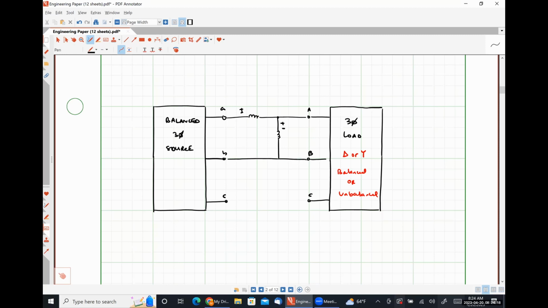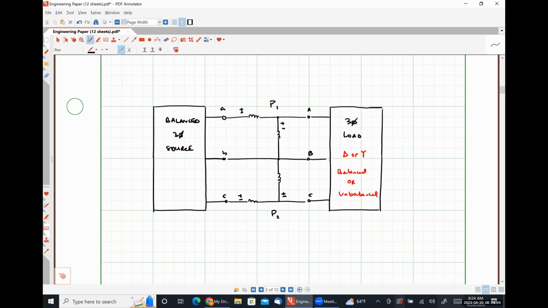And I can connect a second wattmeter across the C and B phases. Like so. So I have two wattmeters connected. This wattmeter up here is going to be measuring a power I'm going to call P1. And this wattmeter down here is going to be measuring a power I'm going to call P2.